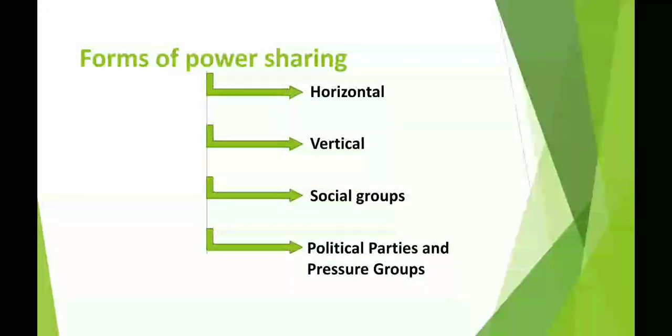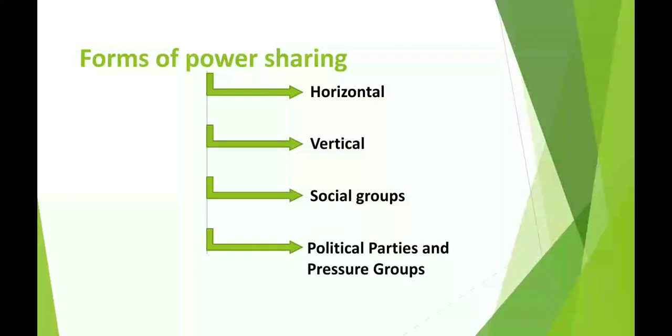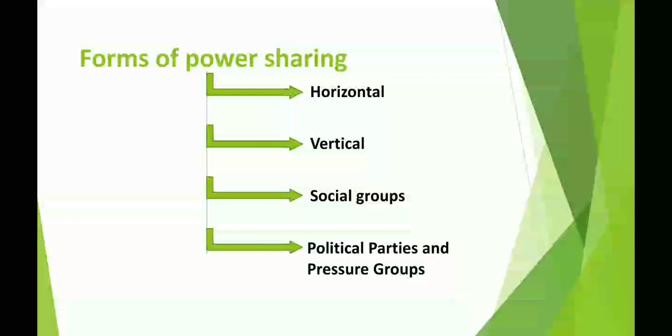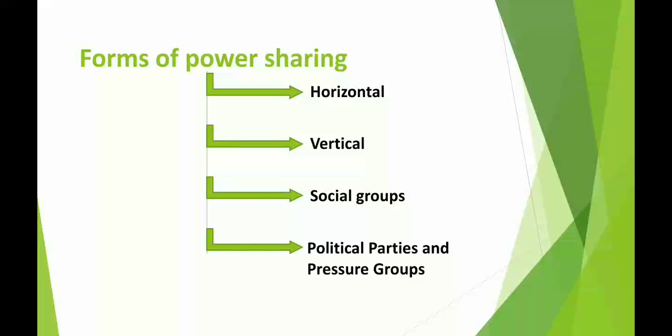If we take the example of India, we can see that we have these organs: legislature, executive, and judiciary, where each organ keeps a check on the other. So it believes in a separation of powers among these organs, so that no organ exercises unlimited power.